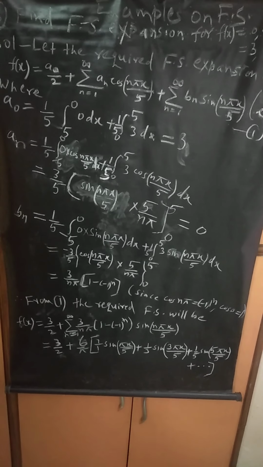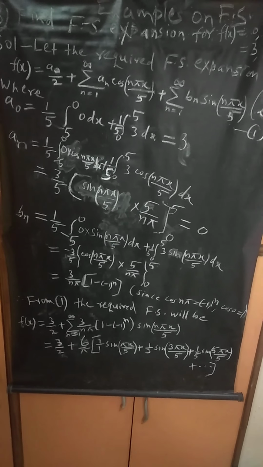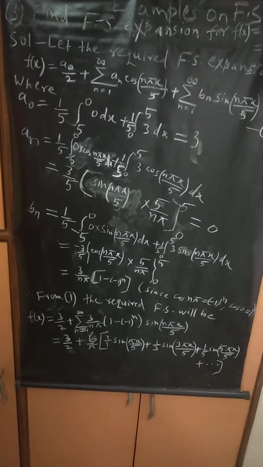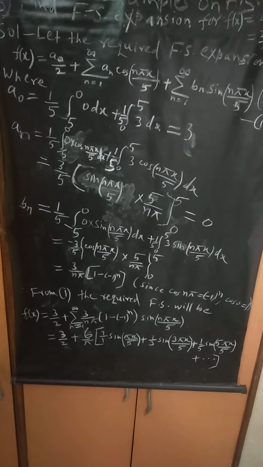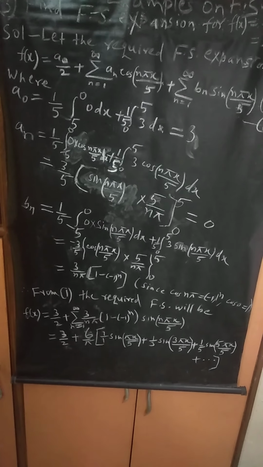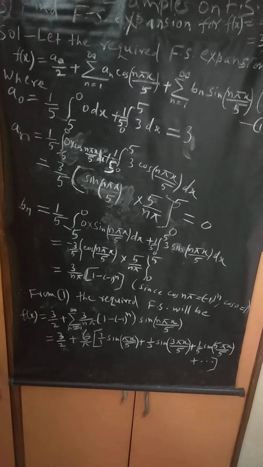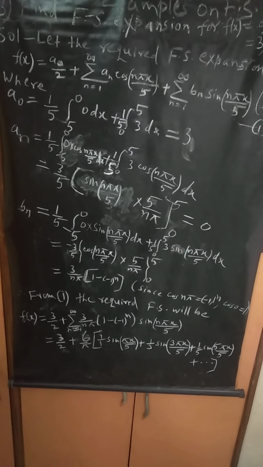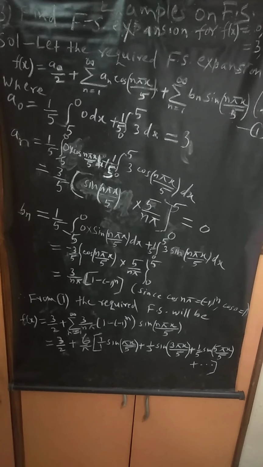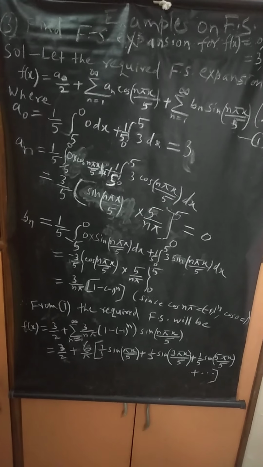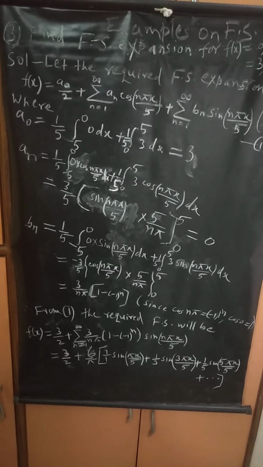Integration of sine is minus cos, and therefore we write bn = minus 3/5 times [cos(n pi x/5) times 5/(n pi)], with limits 0 and 5. But cos(n pi) is (minus 1) raised to n and cos 0 is 1, so if we substitute the limits, finally we get bn = 3/(n pi) times (1 minus (minus 1)^n).